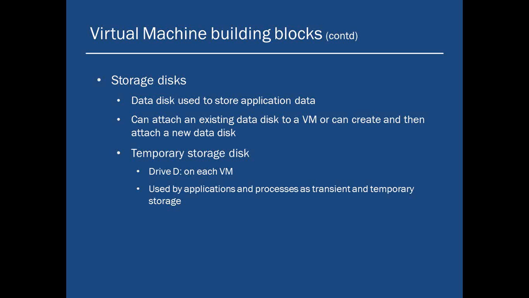In my demo, I'm going to demonstrate this. We are going to create a virtual machine. On the virtual machine, I'll show you what is your operating system disk, what is your temporary storage disk, that is drive D, and then we'll also see that you have a data disk which you can create and attach to an existing VM.